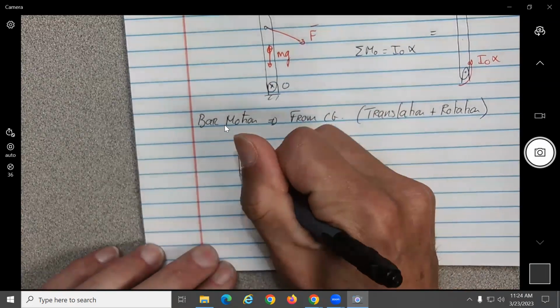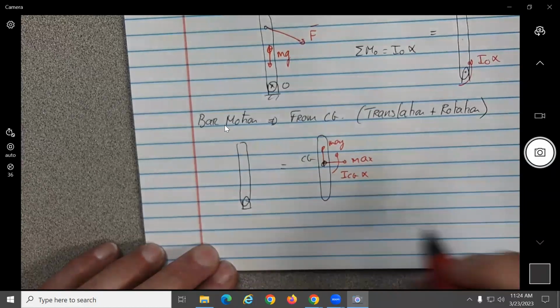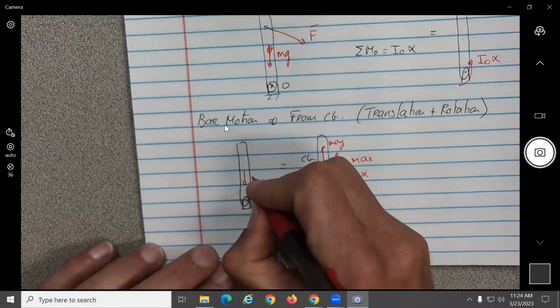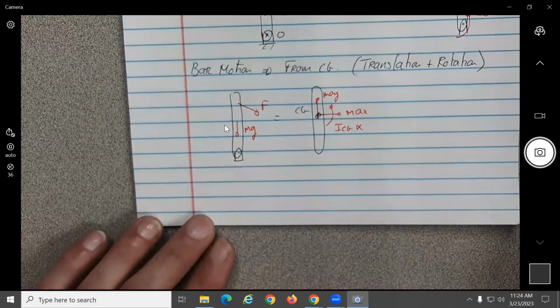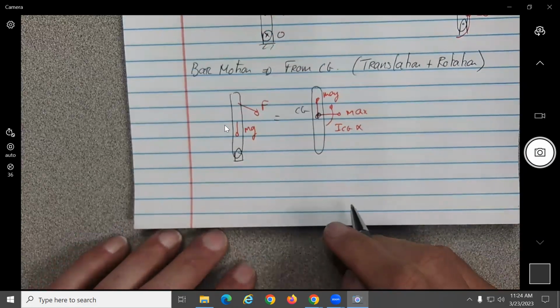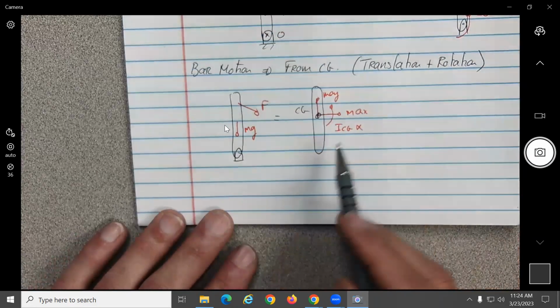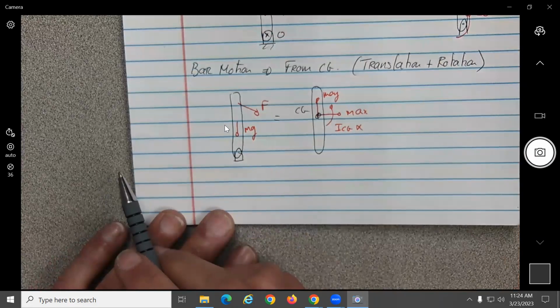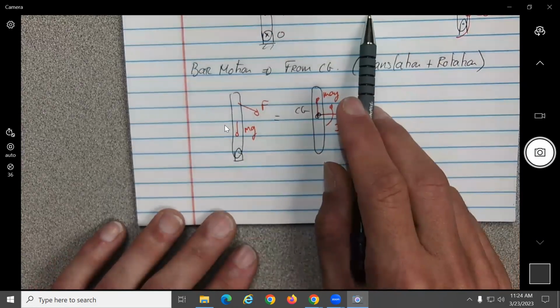And now over here on the left-hand side, what will you have? MG, and let's say the force F. You understand the difference between these two figures? Yes? Yeah, it means about which point you study the motion.